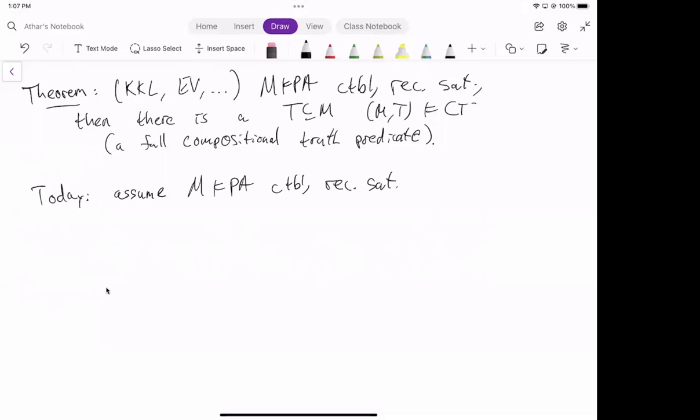Because of this result, we know that CT minus is conservative over PA. In other words, it doesn't prove any new arithmetical theorems. If you add induction, some of that goes away.